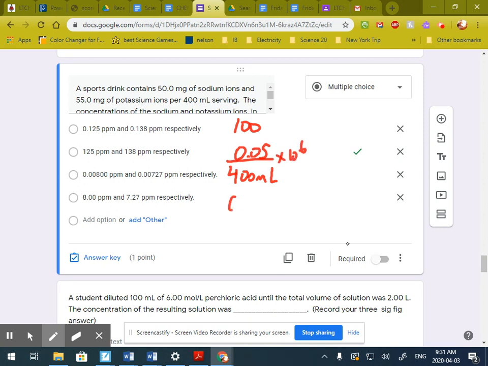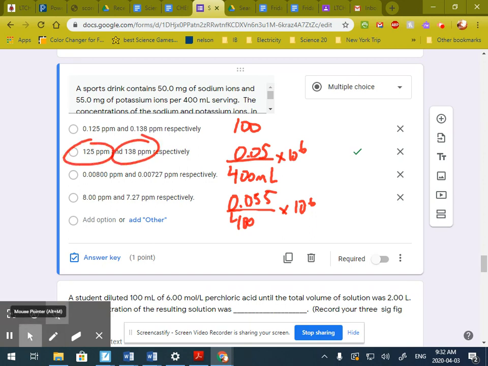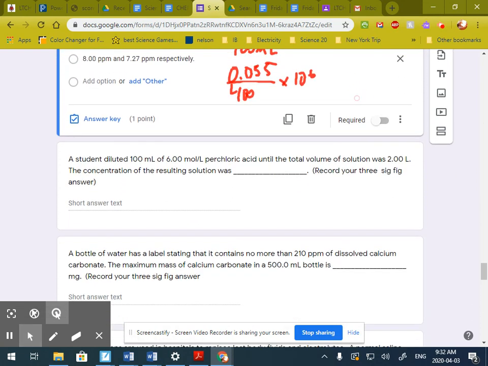And the second one would be 0.055 over 400 times 10 to the 6. So when we do that, especially for the first one, it's going to solve the question. We get 125. So the only system that works is that one. Okay. So milligram and milliliter are not the same scale. We did a question like that in practice.